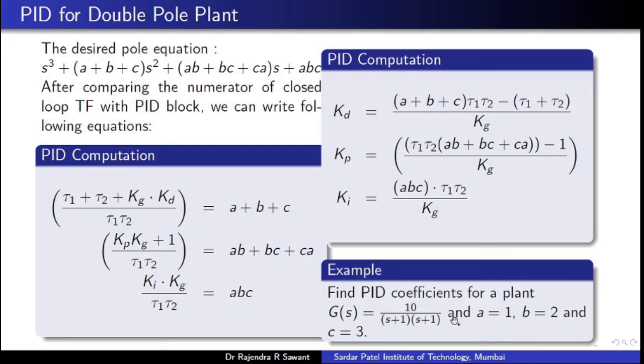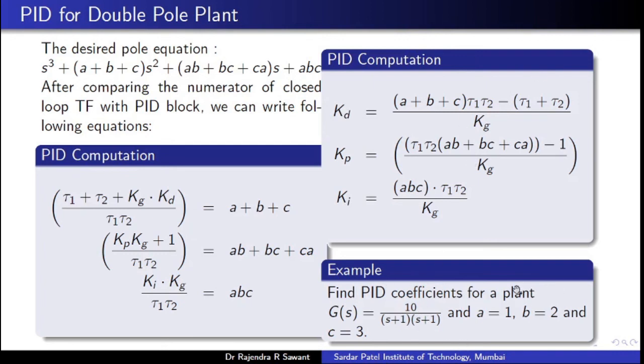That means we want the poles at S equals to minus 1, minus 2, and minus 3. Now let us work out with MATLAB and find out Kp, Ki, and Kd from these expressions, after substituting these known values.